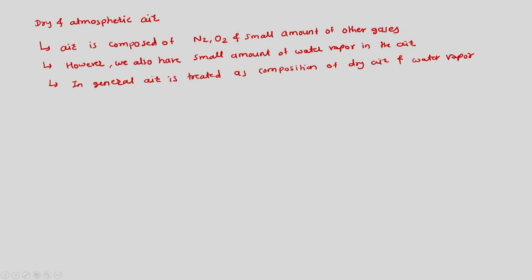So basically the water vapor is separated from the mixture. So air plus water vapor is treated as the air in general. So the air part of it is called dry air. So air will be a mixture of dry air plus water vapor.